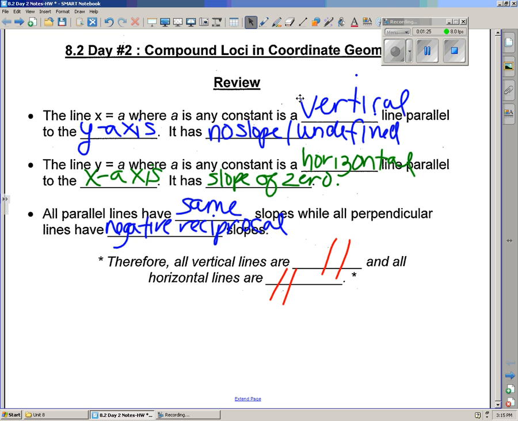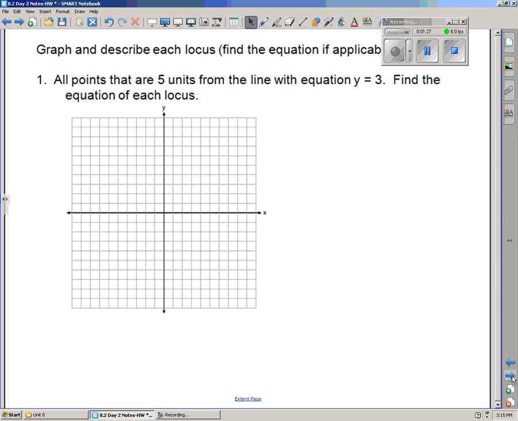So what we're going to have to do now is graph and describe each locus, finding equations wherever we can. So we want to find all points that are 5 units from the line with equation y equals 3. Well, this is our given, and if we go for y equals 3, I've got a horizontal line up at y equals 3.